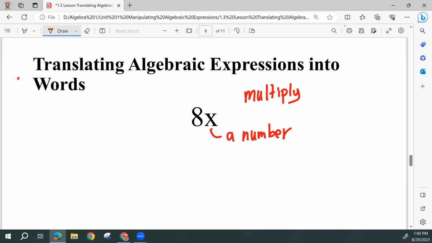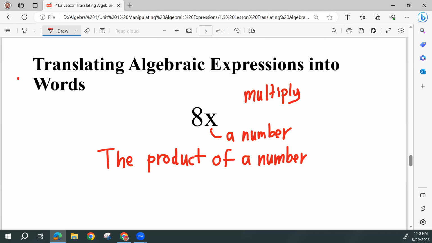So here we would write the product, because we're multiplying, of a number. That tells us we have a variable that we don't know what it is. And then what are we multiplying it with? The number 8. So we're doing the opposite of what we just did on the last few examples.